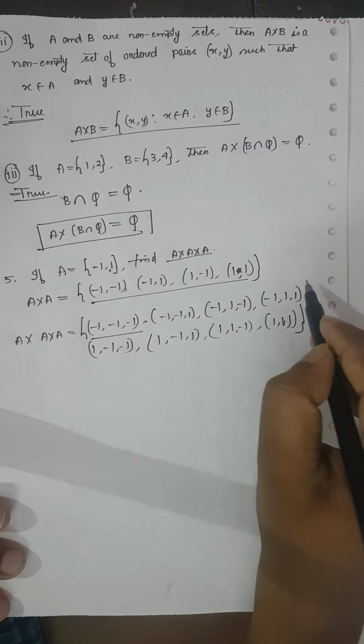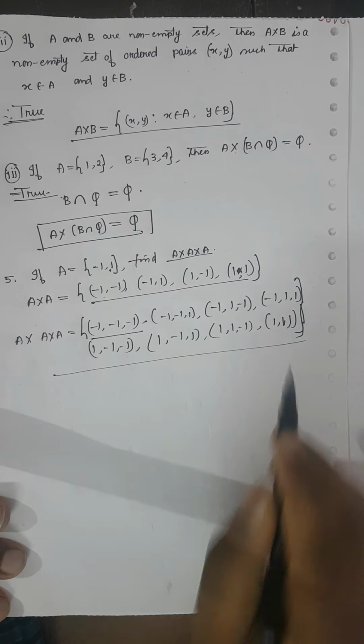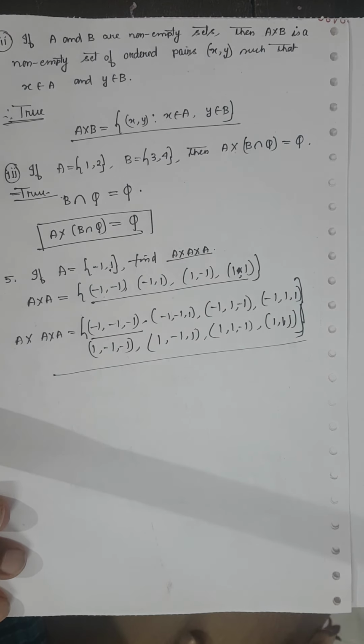So this is the Cartesian product of three sets. For beginners, find out A cross B, then you find out A cross B cross C. This is simple.